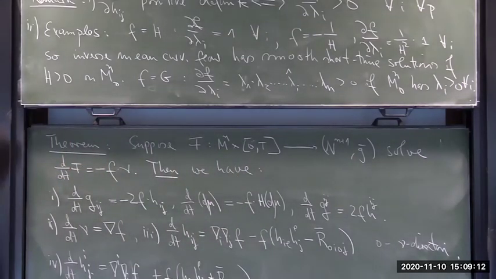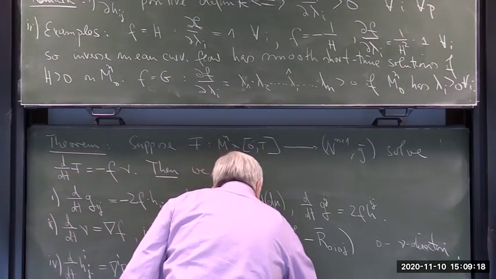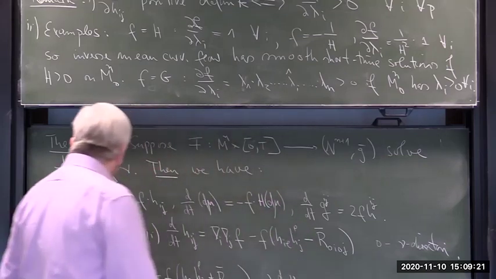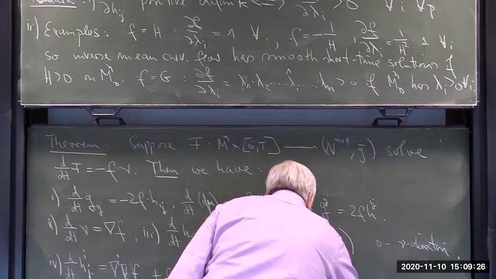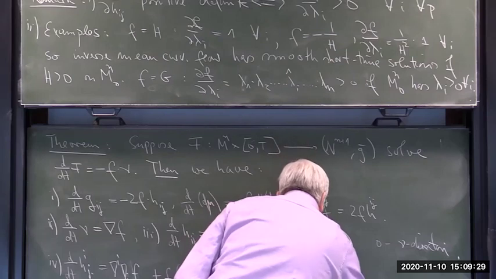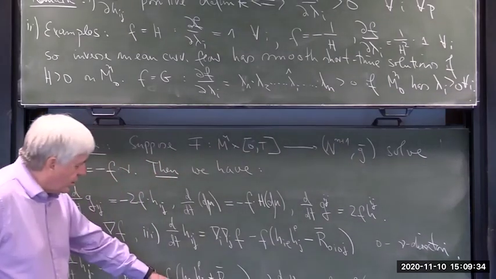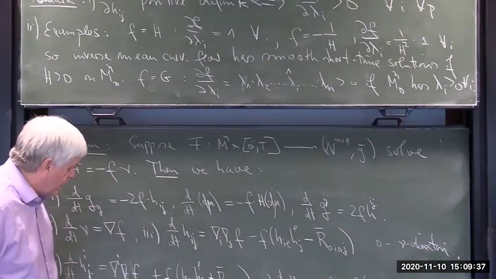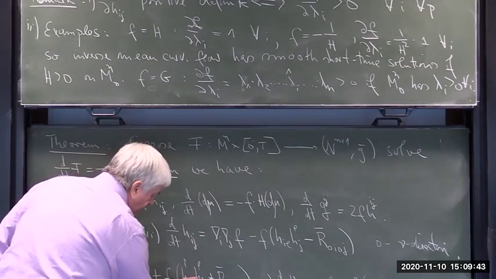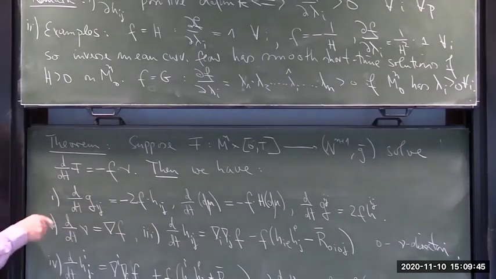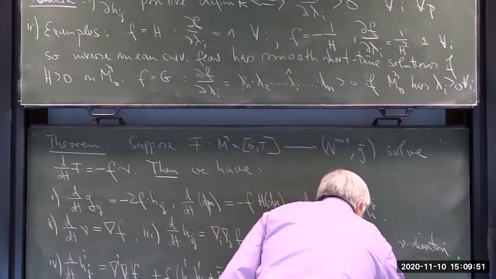And now we can take the trace and we get the last formula for d/dt of the mean curvature, just taking the trace on both sides, and then you get the well-known Jacobi operator. On the right-hand side, you get the Laplacian of f plus f times the full norm of the second fundamental form. The sum over i and j gives you the sum of all the squares of the entries, so this is the full norm squared of the second fundamental form.